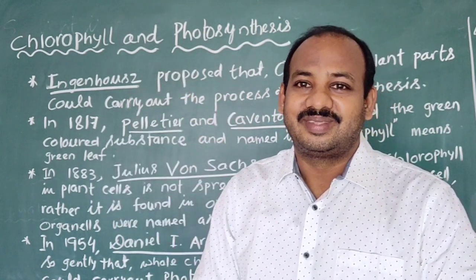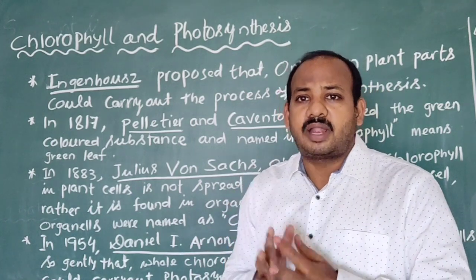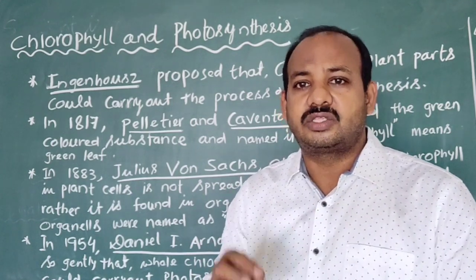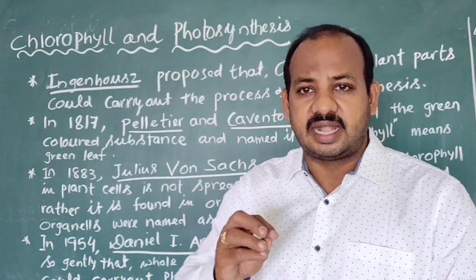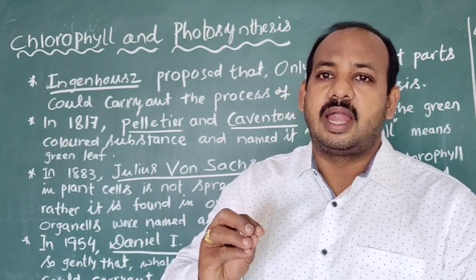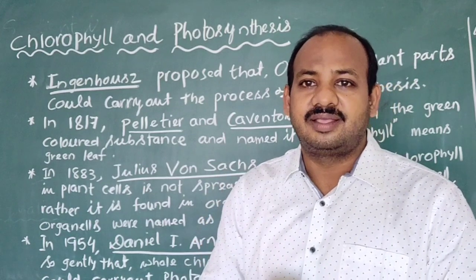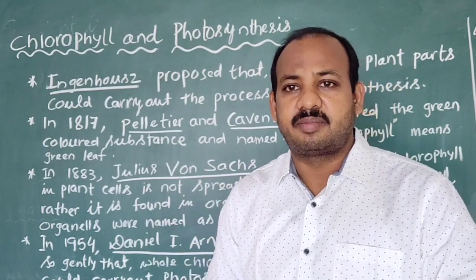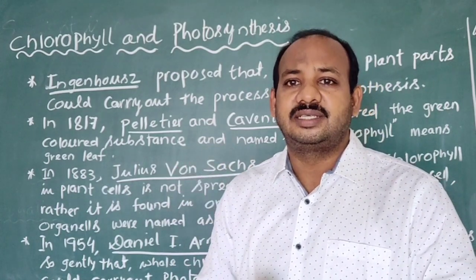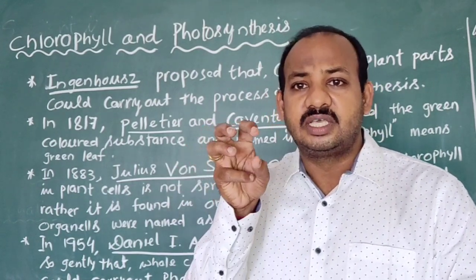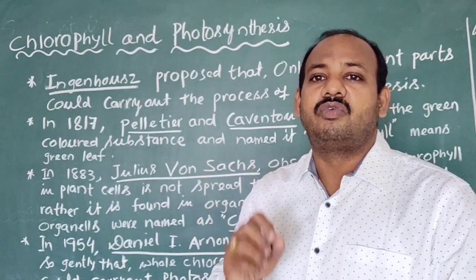Okay, children? So the chloroplast is the cell organelle in which the chlorophyll pigments and other accessory pigments, the additional yellow and orange pigments, are present. Xanthophylls and carotenoids help in trapping the solar energy and supplying this energy to the centrally located chlorophyll pigments.